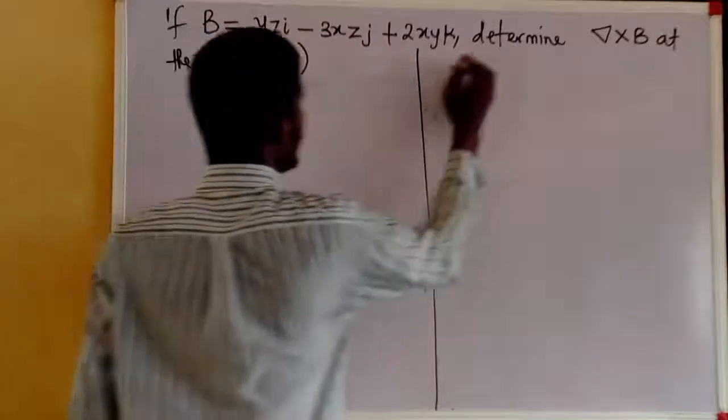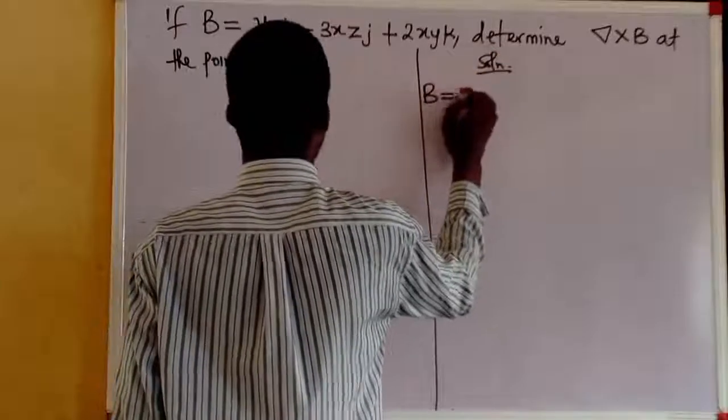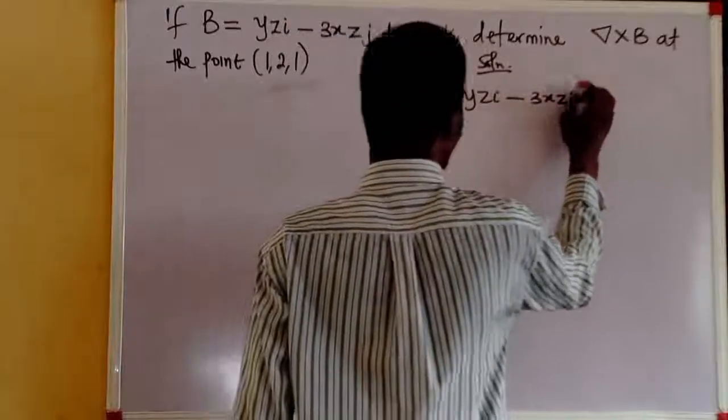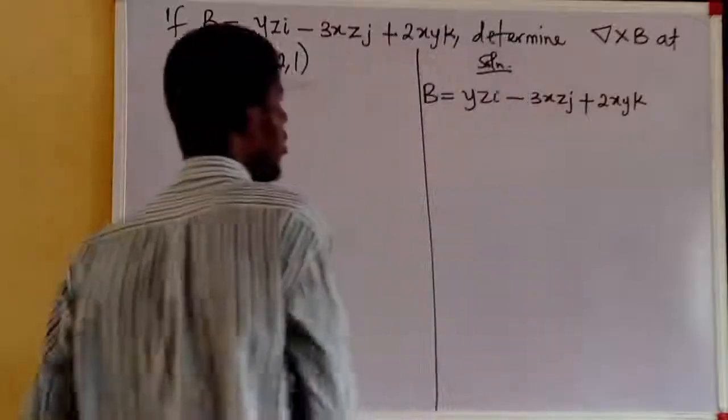Okay, let's solve it. We have the vector B equal to yz i minus 3xz j plus 2xy k.